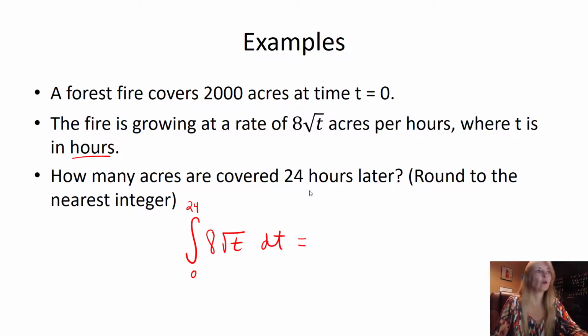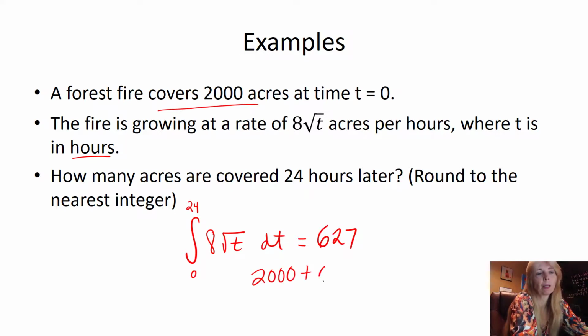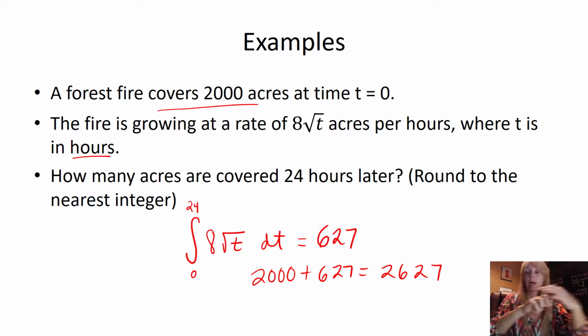But we need to be careful here because if we answer the actual question, so this is the amount, the actual number of acres that it grew in the next 24 hours. Well, it says it covers 2,000 acres at the beginning. So I would have to take the 2,000 plus the 627, and this would be the total number of acres that the fire covers 24 hours later.